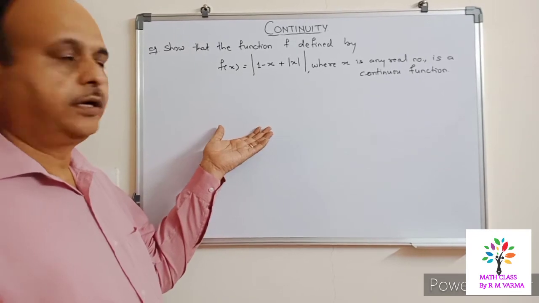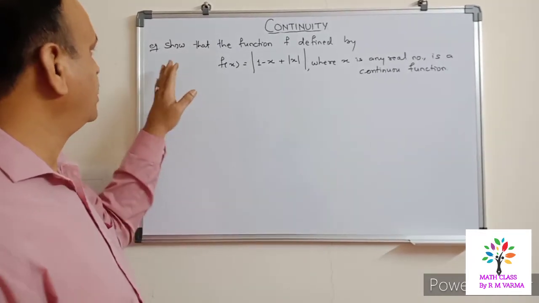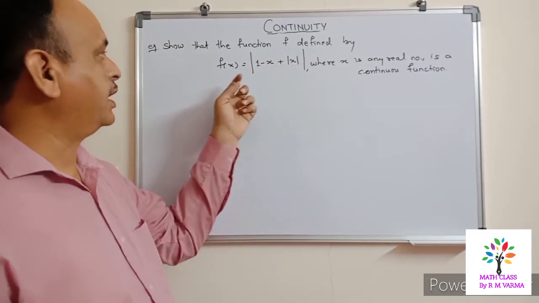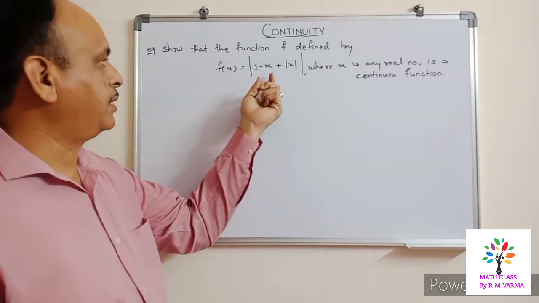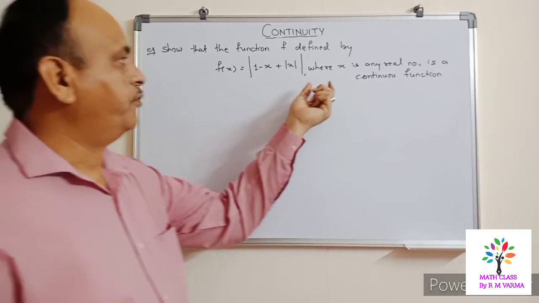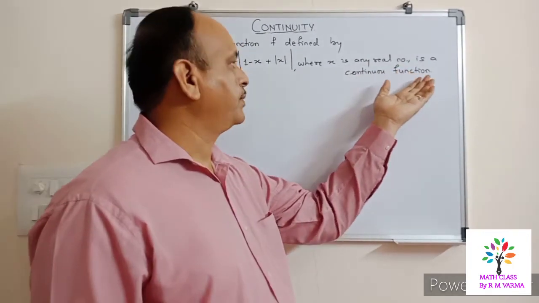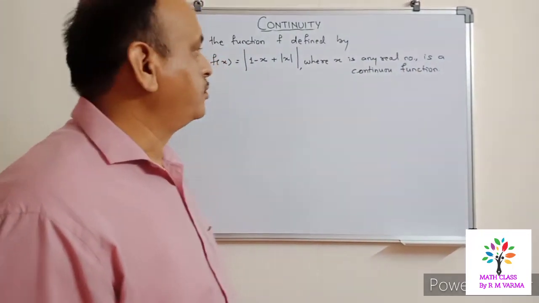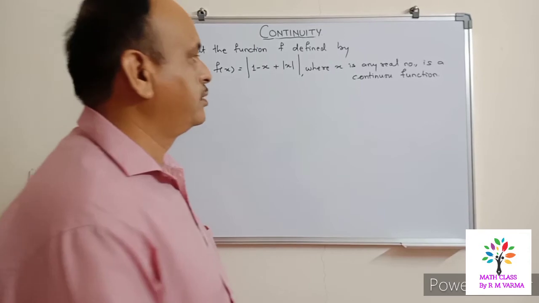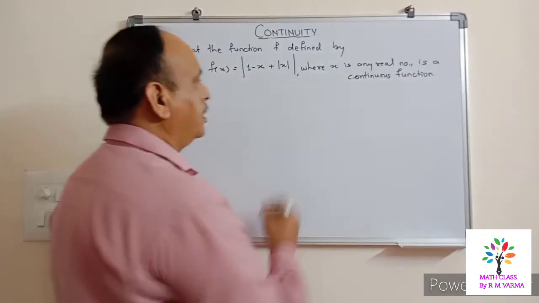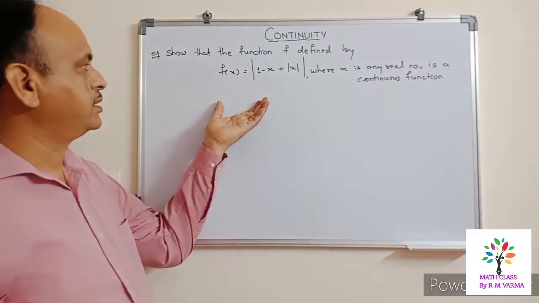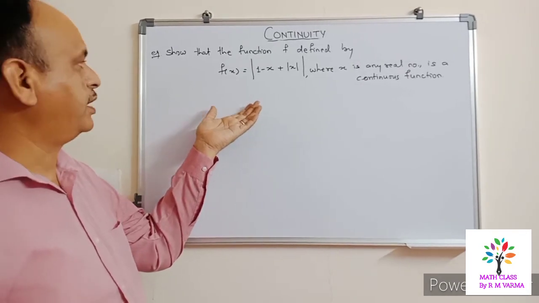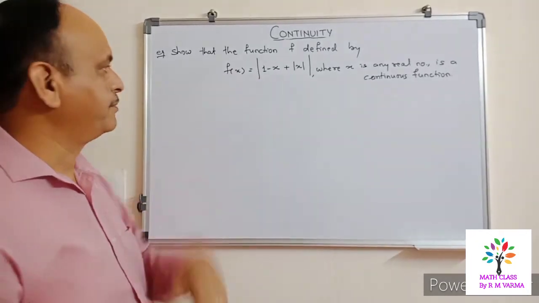Now one more sum related to composition of functions. Show that the function f defined by f of x equals modulus of 1 minus x plus mod x, where x is any real number, is a continuous function. So we have to prove that it is a continuous function. Now to prove this, let us find two different functions from this.